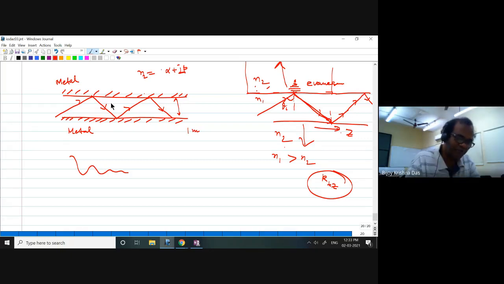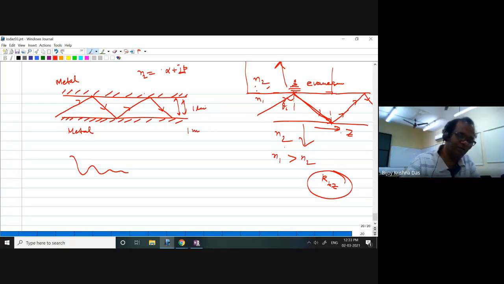But in the case of optical frequency, the lambda is much smaller, in the order of micrometer, nanometer scale, right? So even if you want a waveguide of length, say, 1 centimeter, not 1 meter, you can calculate how many times it will be reflecting, and the thickness will be in the order of, say, 1 micrometer, for example.